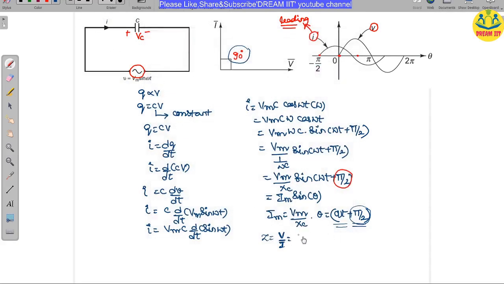So V by I we can write as Vm by Im, that is Vm by, what is the Im value? Vm by Xc.